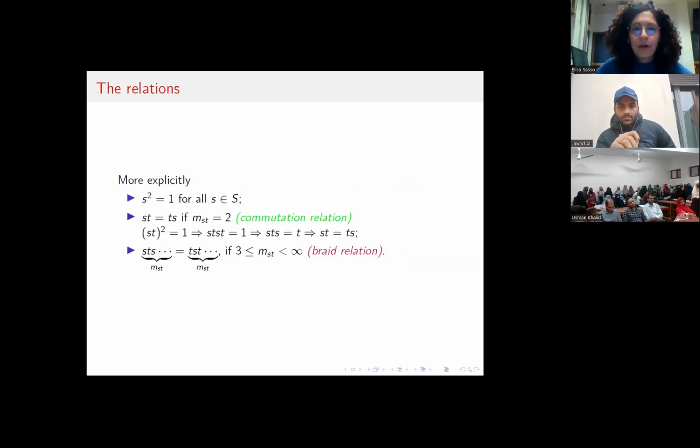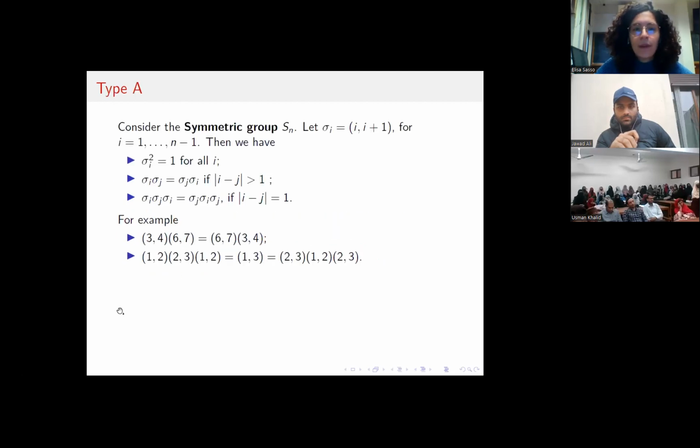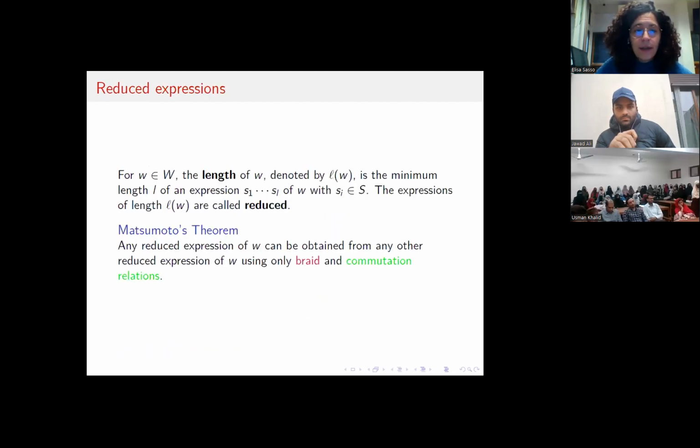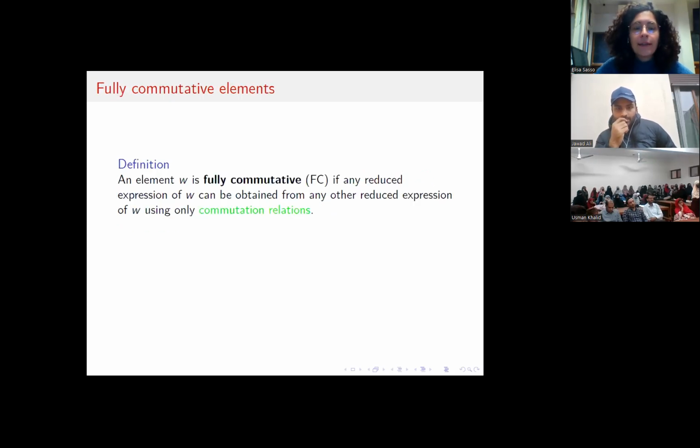So just to recall what we are talking about. We obtain one reduced expression from the other just by commuting generators or applying this braid relation. And that's very important, actually. It helps with all the computations.